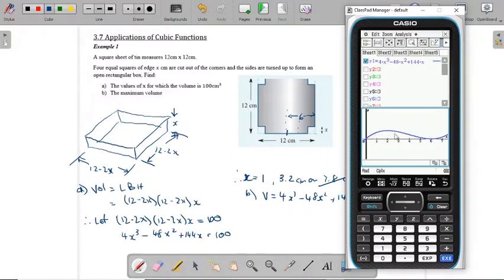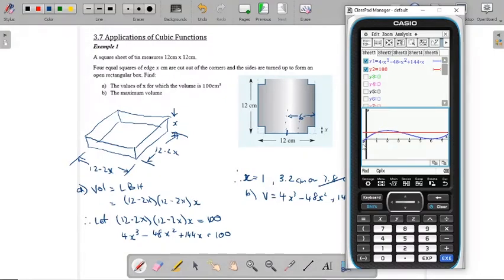So what we can see then is, if I put 100 there and sketch that graph, this value of volume equals 100 corresponds to these values that we've got. We can see it occurs here at 1, here at 3.2, and then over here would have been that 7.8.